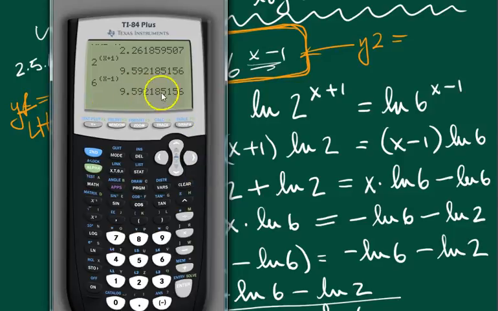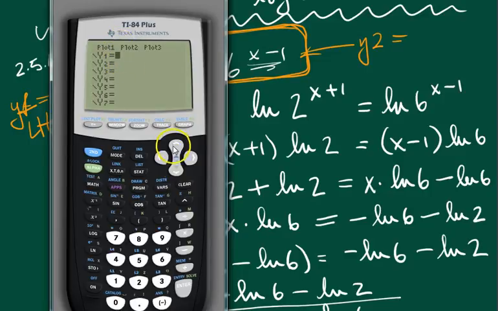So here's that algebraic value. I'm going to try to remember that 9.593. The reason I say try to remember that is because when I start graphing, this x that I stored with the 2.262 is going to be overwritten by the calculator, which is going to take values -10 to 10 or what have you, depending on how I zoom.